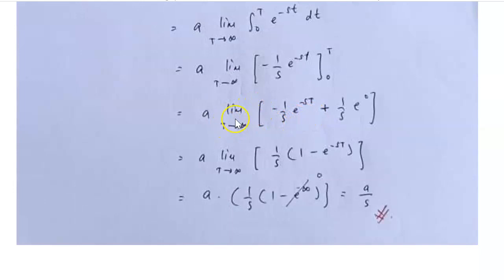So a lim t to infinity, kita kembangkan dia, negative 1 per s e^(-st) tambah 1 per s e^0. Sebab apa? Sebab tolak, suppose we tolak, then tolak jadi tambah. Then selesaikan, kita akan dapat a 1 per s (1 tolak e^(-infinity) is 0). So equals to just 1. Then akan dapat a per s.